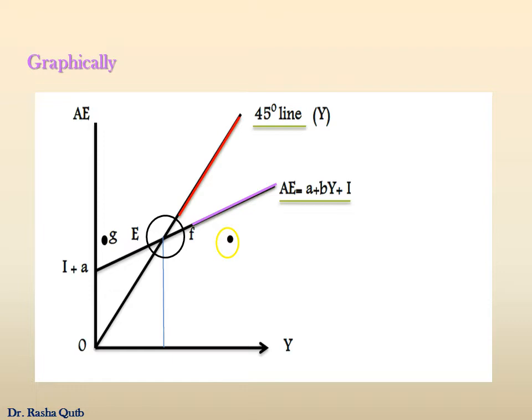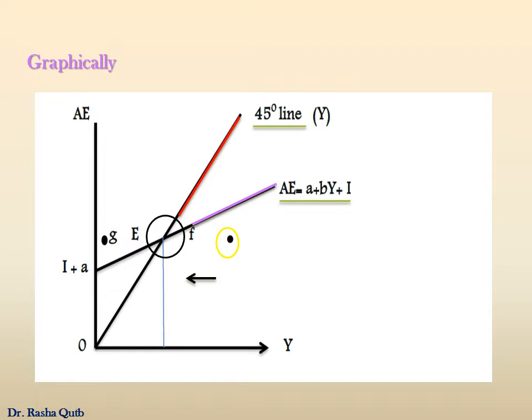In this case, aggregate supply for goods exceeds aggregate demand. There would be an excess supply for goods. In order to restore equilibrium, we have to get rid of this excess supply. In this case, sales should be decreased and output should be decreased and inventory would be accumulated. By doing so, the equilibrium would be restored at point E.